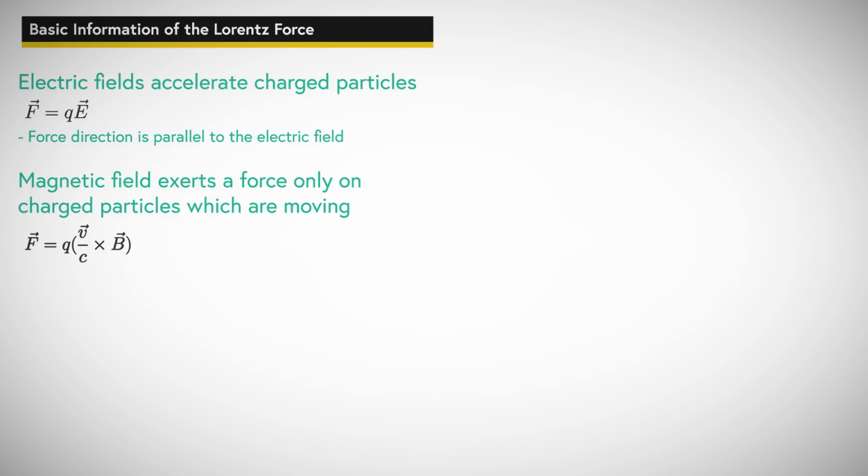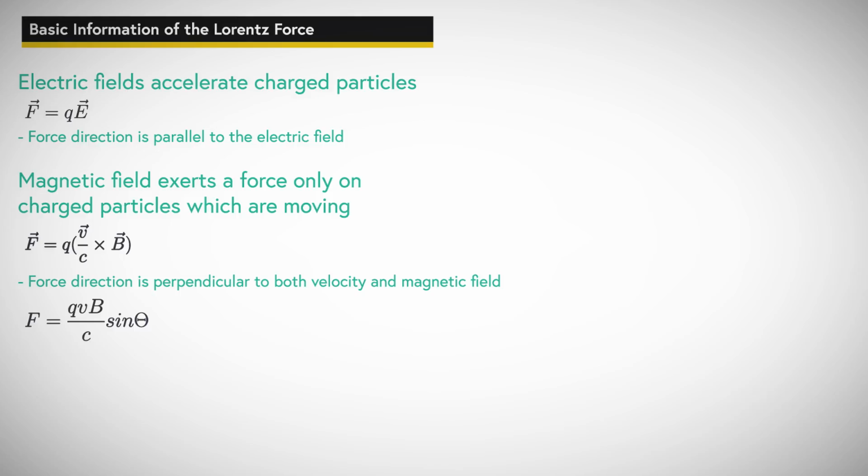The vector product indicates that the direction of the force is perpendicular to both velocity and magnetic field, and the strength is Q v B sin theta over c, where theta is the angle between the velocity and magnetic field. As you can see, the force strength depends on the angle.